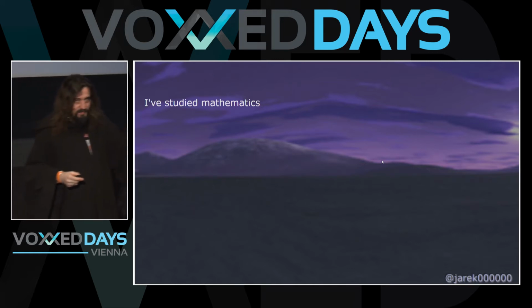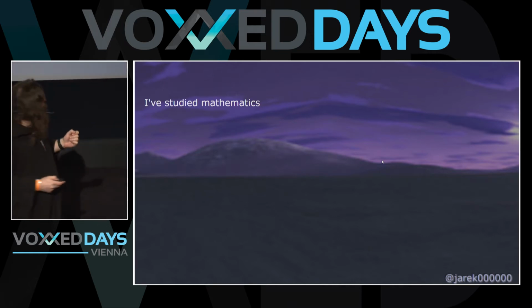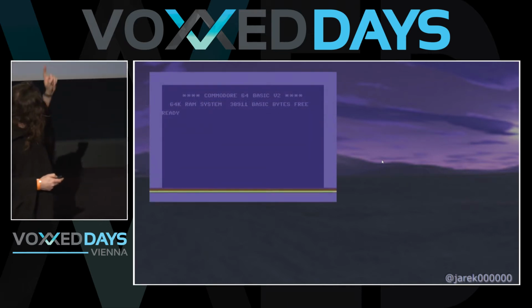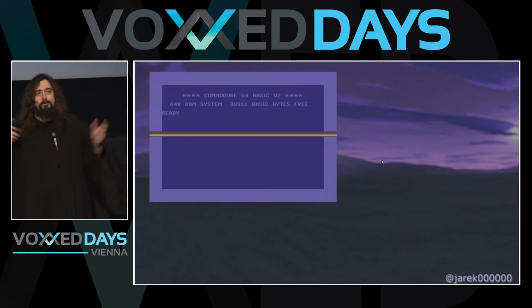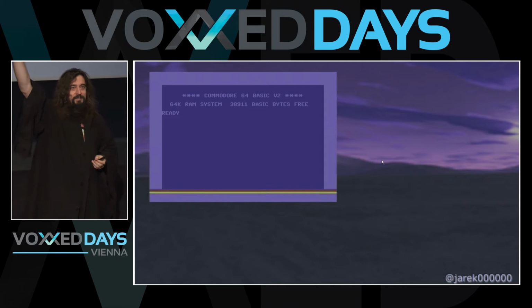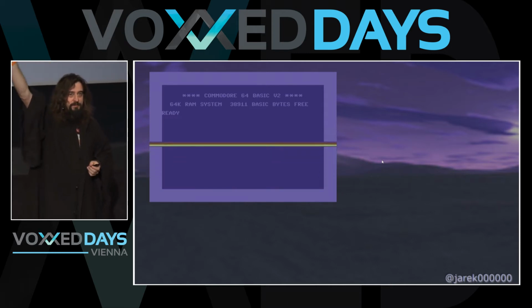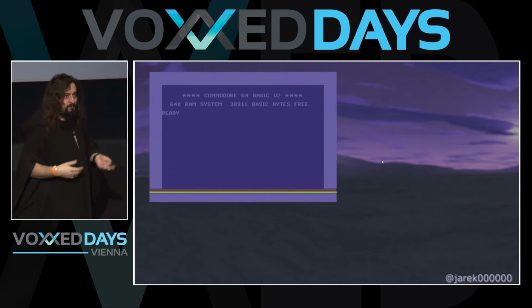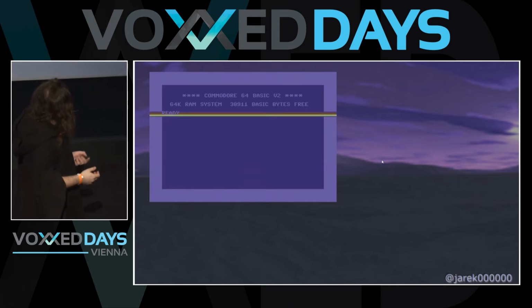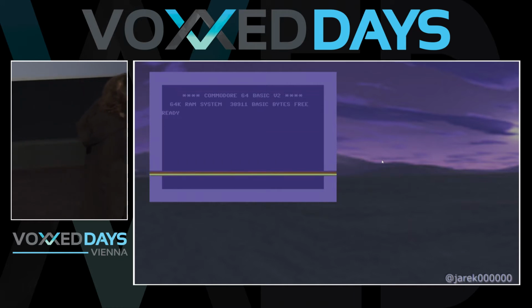But I've studied mathematics. There is a reason why I studied mathematics, just because at the moment I was choosing my studies, I was doing this thing on a Commodore 64. Who had a Commodore 64? Yeah, so if you were programming a Commodore 64, that was really like, well, a masterpiece. So at the beginning of my studies, I decided, come on, there's nothing in computer science I can learn.